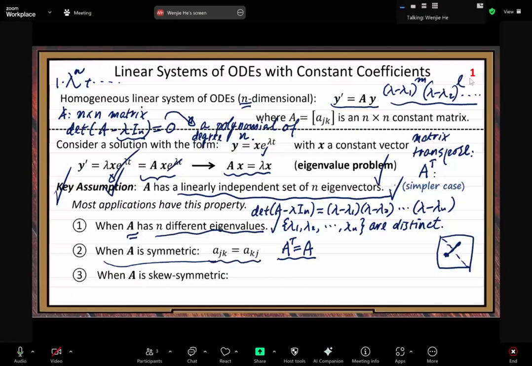The proof is pretty easy. All these proofs are very easy.